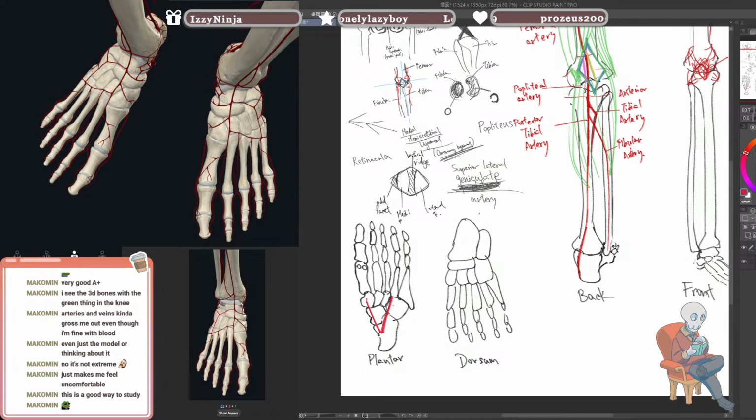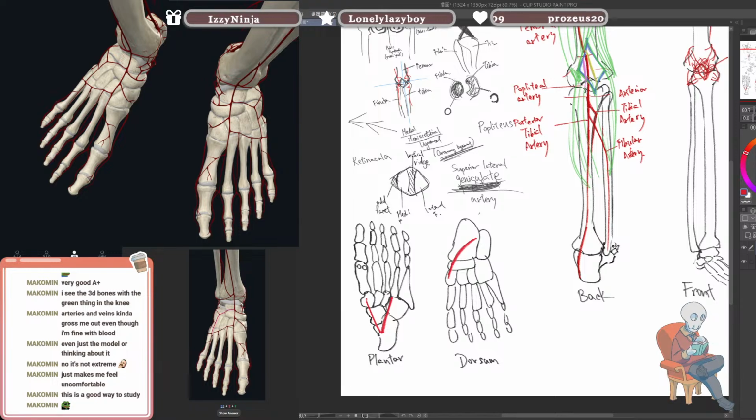Anyway, red. And what is the question? The question is that there is an artery over here, basically right past the anterior tibial artery. What is this? Well, this is a dorsum side.